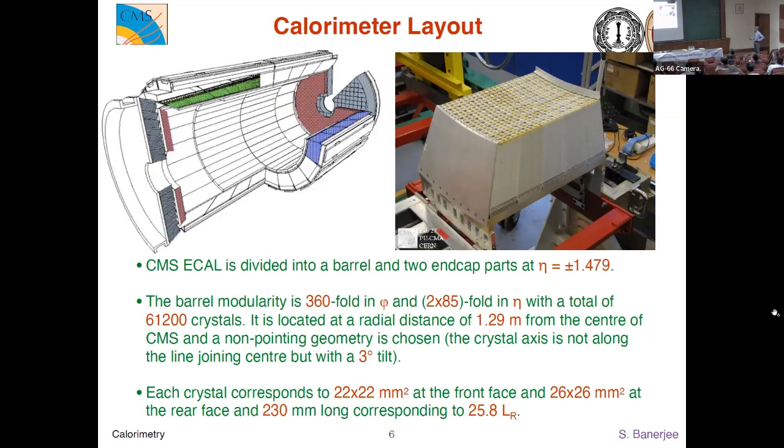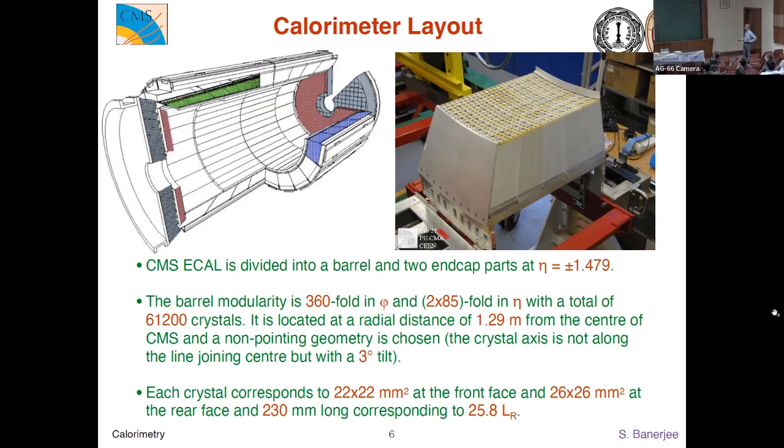It is located at a radial distance of 1.3 meters from the center of CMS, and the non-pointing geometry is chosen because we do not want particles to go through the gaps between the crystals. So the crystal axis is not along the line to the center, but is tilted at an angle of 3 degrees.